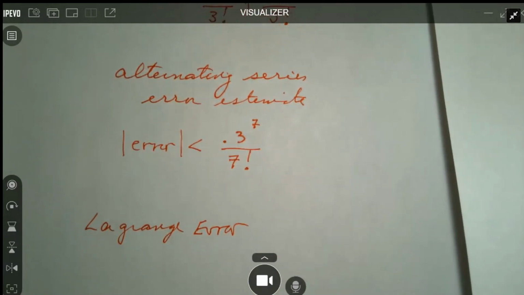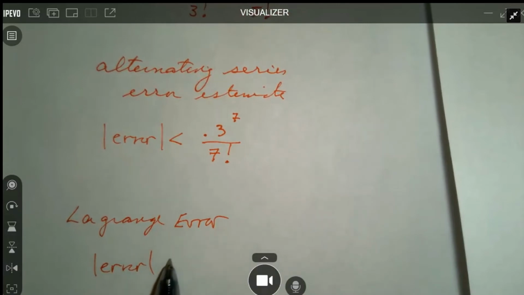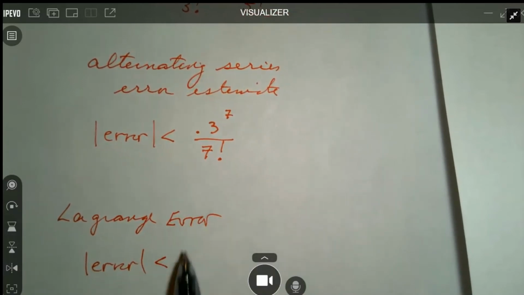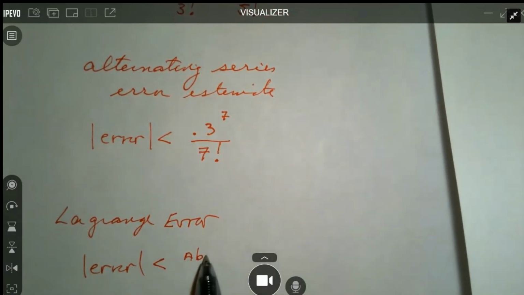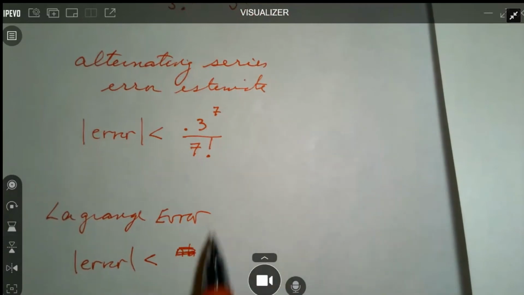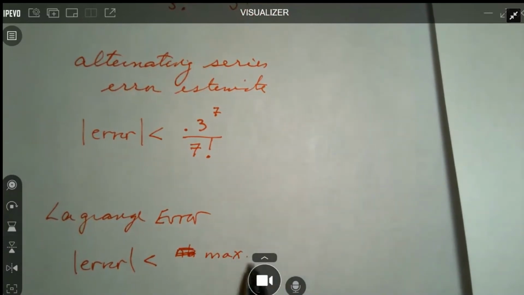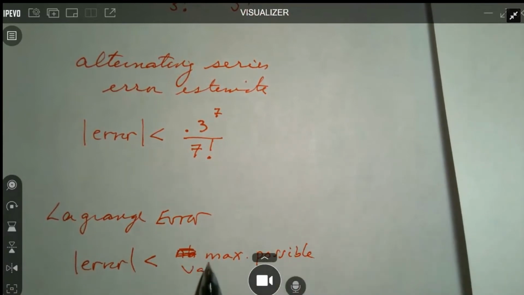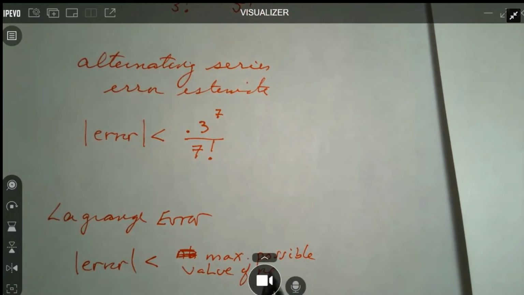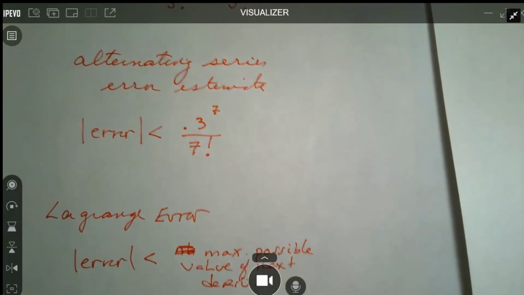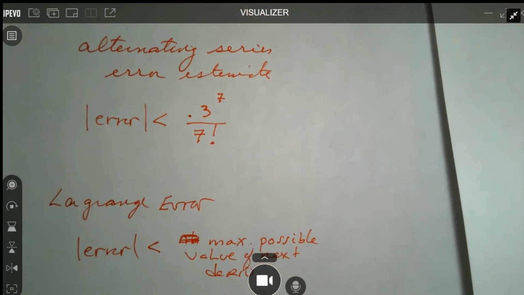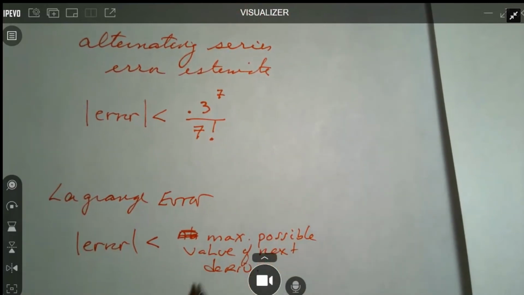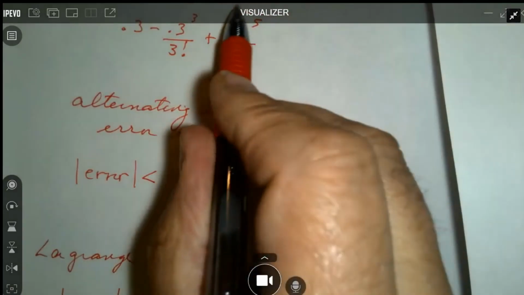So this one says the absolute value of the error, and just to keep it simple, it's going to be basically less than the absolute value of the maximum possible value of the next derivative for values of x between negative 0.3 and 0.3 divided by, you just go up 1.